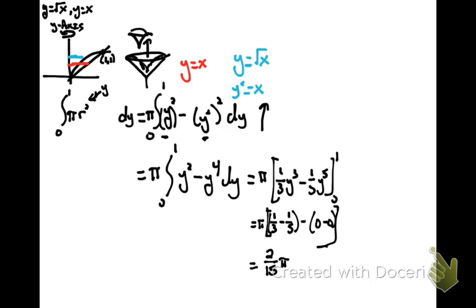So the volume of our solid rotated about the y-axis is 2/15 pi units cubed.